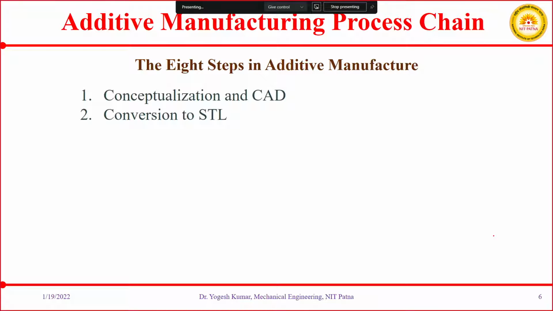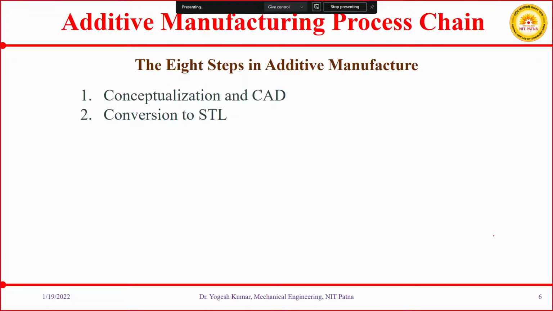Suppose I am having a bowl in my hand. I hope it is visible to all of you. And suppose you want to print this bowl. What will be required? You have to create a CAD model of this particular component, and then you have to print it using the 3D printer.